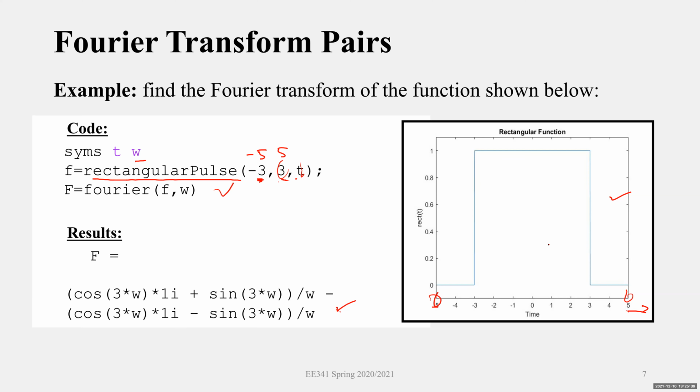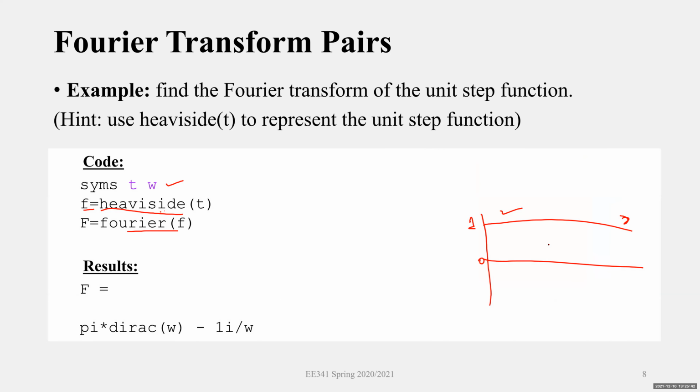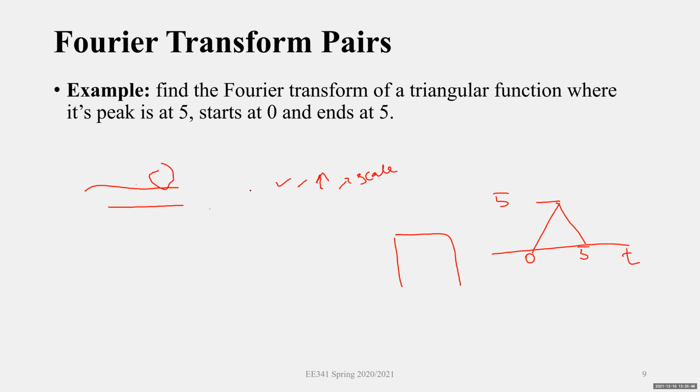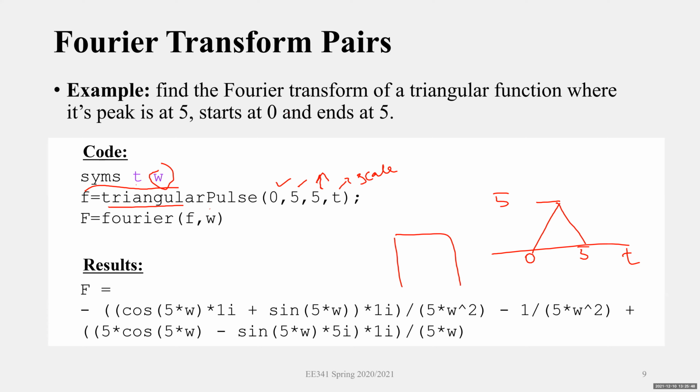Then heaviside is for defining the unit step function. Here we will define a triangular function. So triangularPulse will give me the triangular function. This 0 is the first number, 5 is the second, and then this 5 is the amplitude, and t is my scale. Just writing fourier will give me the Fourier transform of this triangular function.